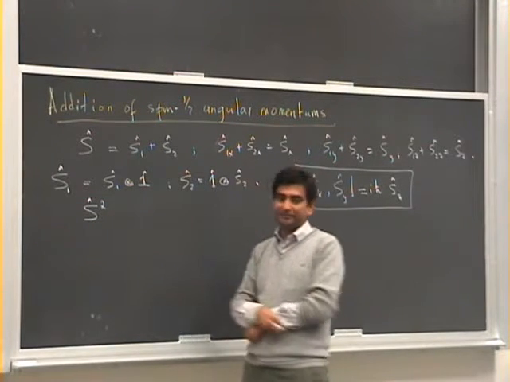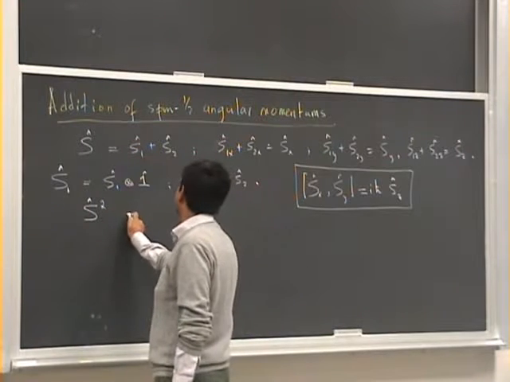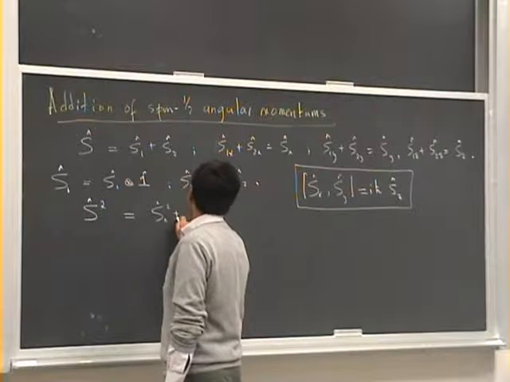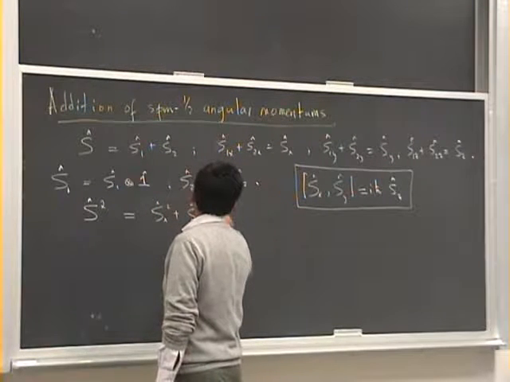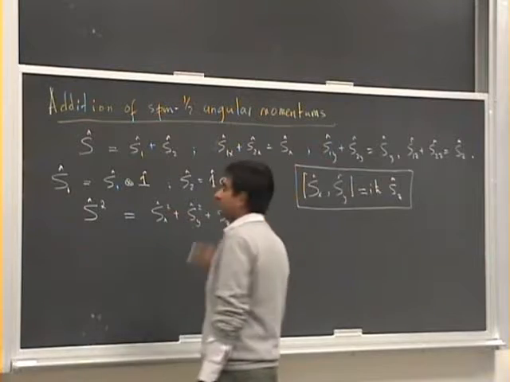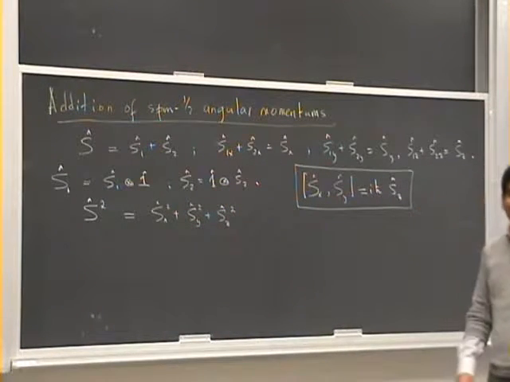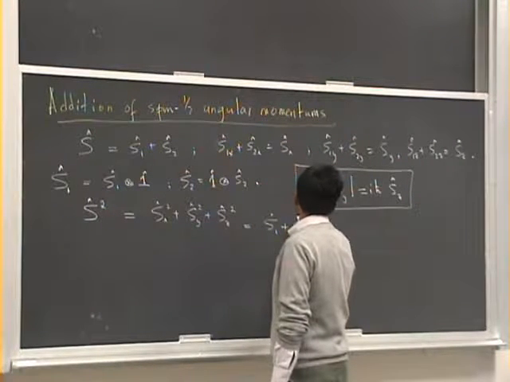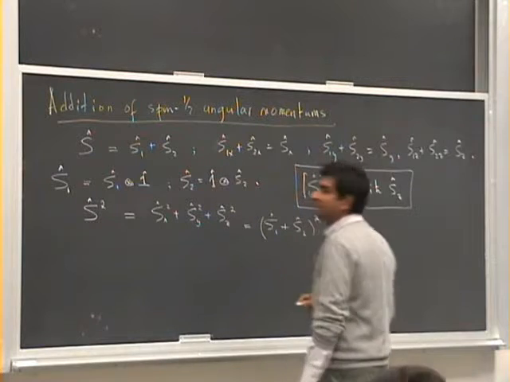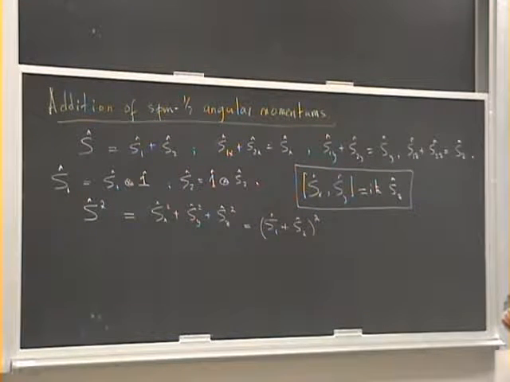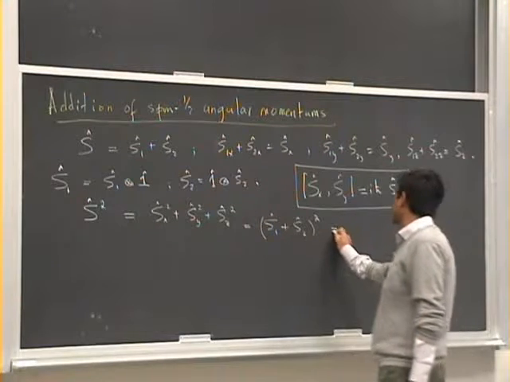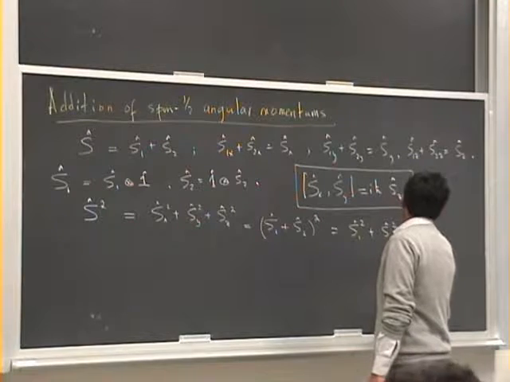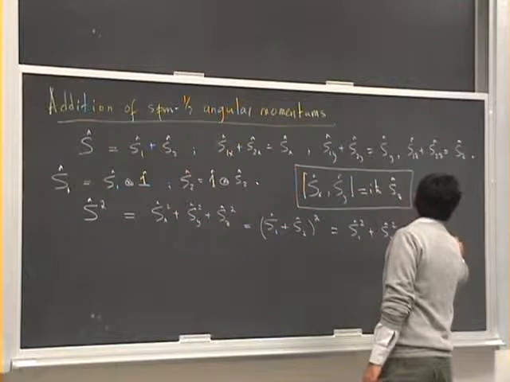Now, if we have eigenstates of S squared, well, what is S squared? S squared is simply Sx squared plus Sy squared plus Sz squared. Remember this. Correct? And this is also equal to S1 plus S2 whole squared. And this is equal to S1 squared plus S2 squared plus 2 times S1 dotted with S2.